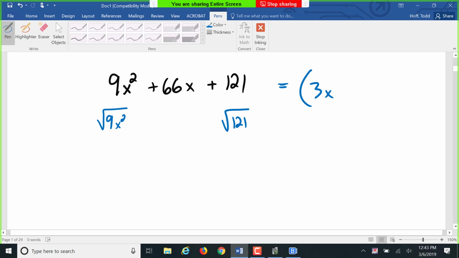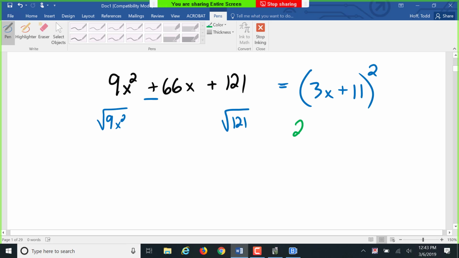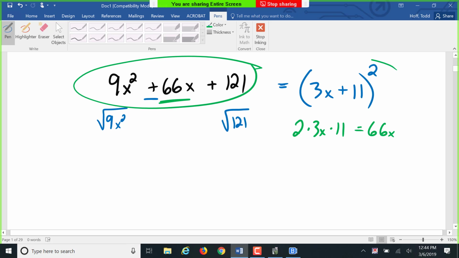What is the square root of 121? 11. This is positive, so this would be plus. What is 2 times the 3x times 11? 66x. That is that middle term. So this is a perfect square trinomial, and that would be its factoring.